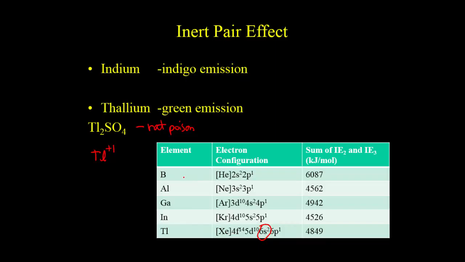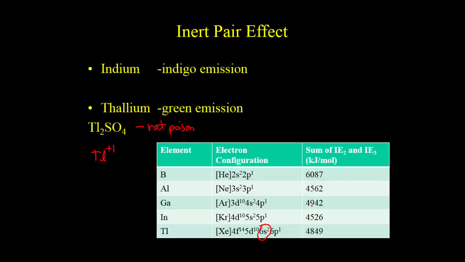So as we go down the group, here's the electron configuration, and here's the sum of the second and third ionization energies. As we expect, it decreases as we go down, but there's this jump here.